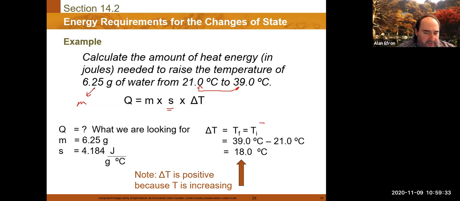So it is important, as we talked about before, to always do the final minus the initial, because when we talked about specific heat capacity, that really is the thing that's going to determine whether or not it's going to be exothermic or endothermic, right? And it's really that difference in the temperature. If your final temperature is less than your initial temperature, then you're going to have that negative or exothermic reaction. If your final temperature is greater than your initial temperature, then you'll have that endothermic type process.